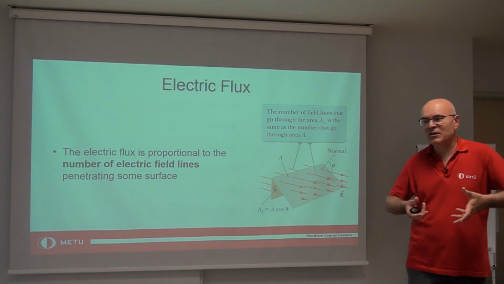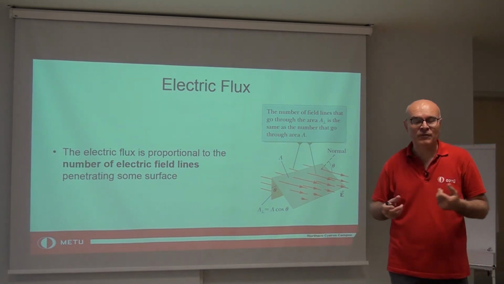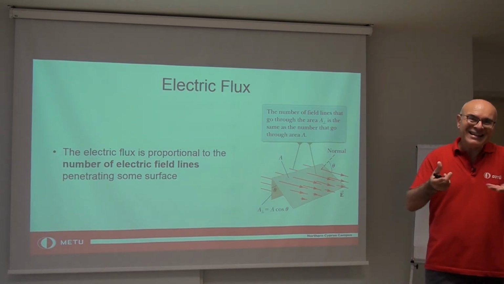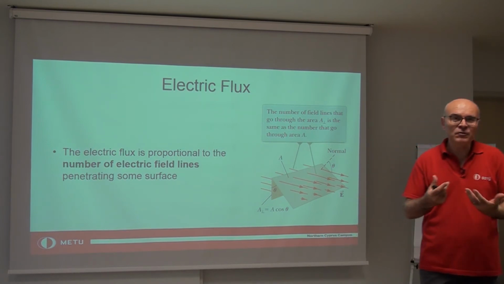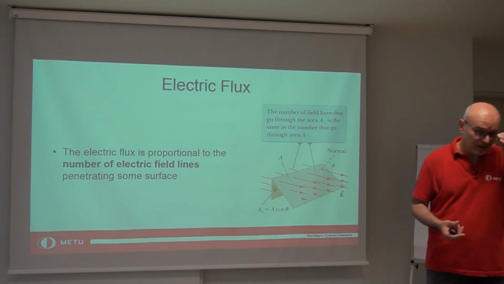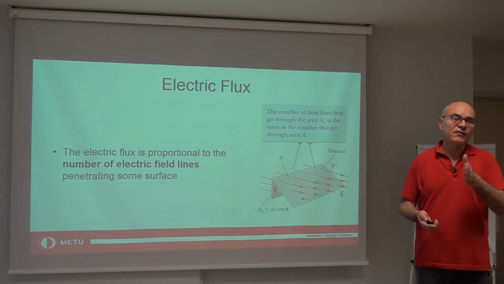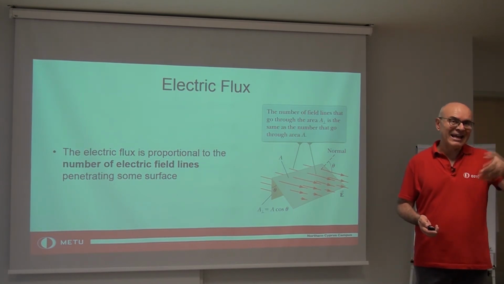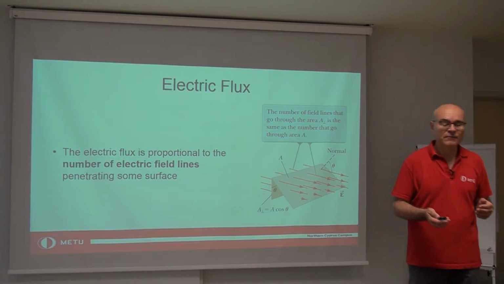We talk about the flux of water in a pipe or in a river, and so on. Electric field lines, these arrows, somehow resemble a flow of something, so it is intuitive to think of the flux in terms of these field lines. Although formally, the flux is the product of the magnitude of the electric field multiplied by the area that is perpendicular to the electric field.